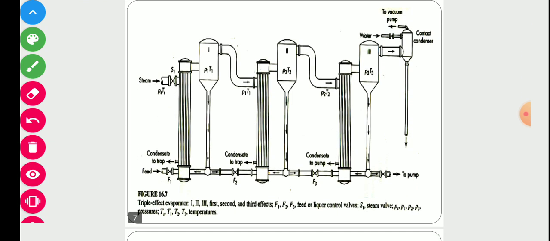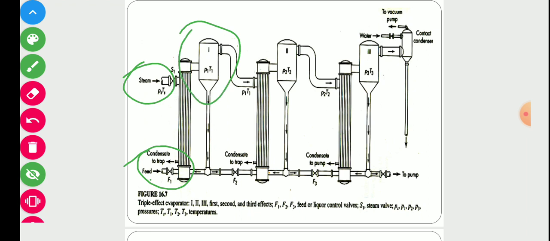Now this is an example of a multiple effect evaporator in which three evaporators are connected in series. So we give feed to the first unit and steam as a heating medium. In the first unit this feed gets heated up and releases some vapor. It passes through this separator, where the vapor phase is separated out and the concentrated solution is collected at the bottom.